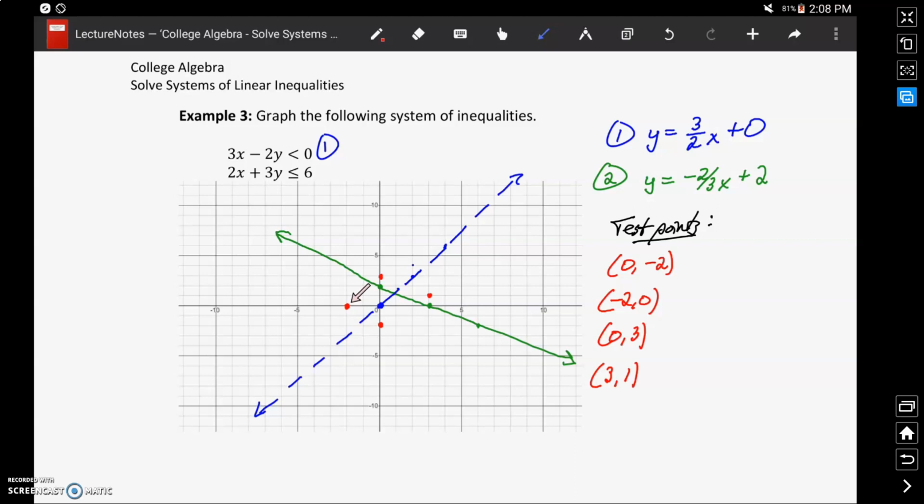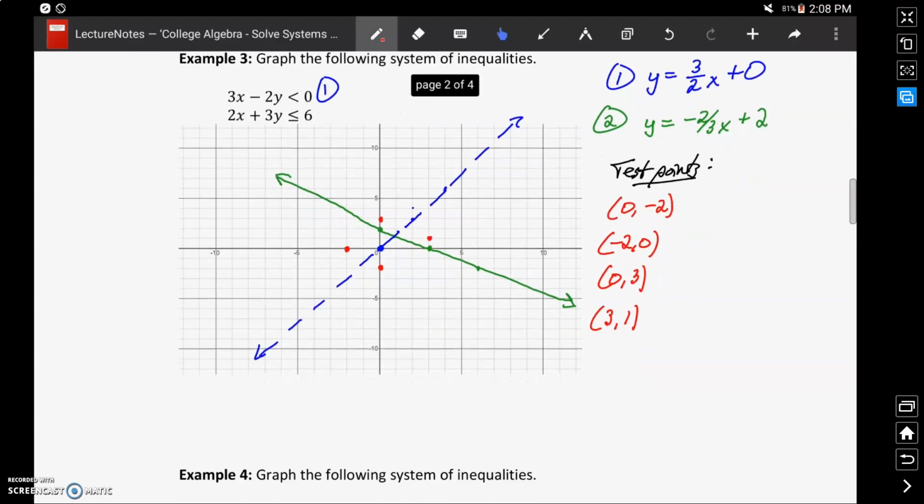So selecting one point from each of the 4 regions created by those lines. And in this case, the point that will end up working for both inequality statements will be negative 2, 0.